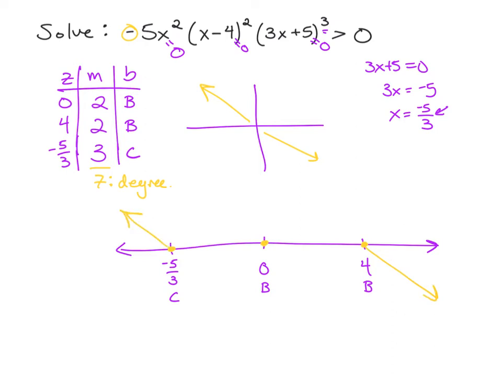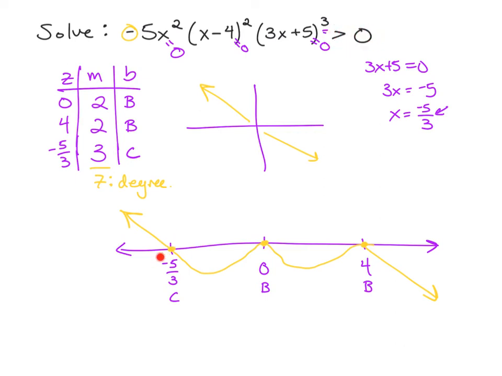And finally, we have to connect. So this will be bouncing here, and it crossed over here at -5/3. So for this particular inequality, we are looking for intervals where the graph is above the x-axis.